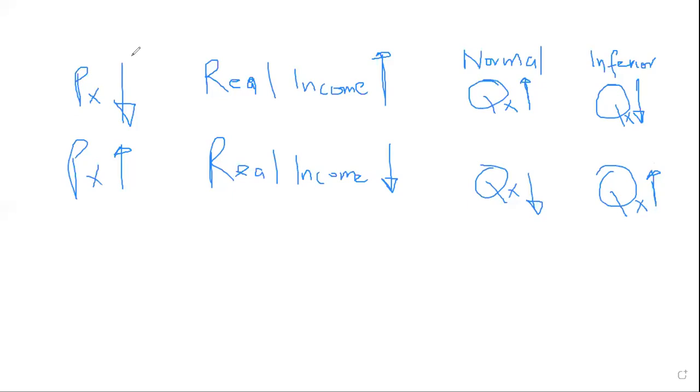So I'll pick the first one. Price falls. So when price falls, what happens to quantity? Quantity goes up for normal good. So you see an inverse relationship. So then you can say that the income effect is negative for normal goods.